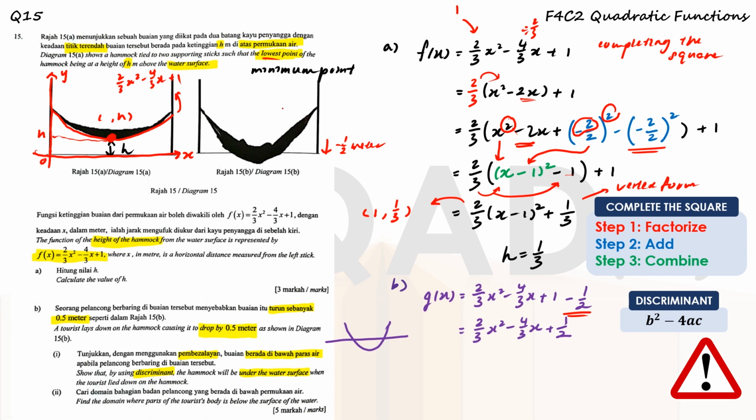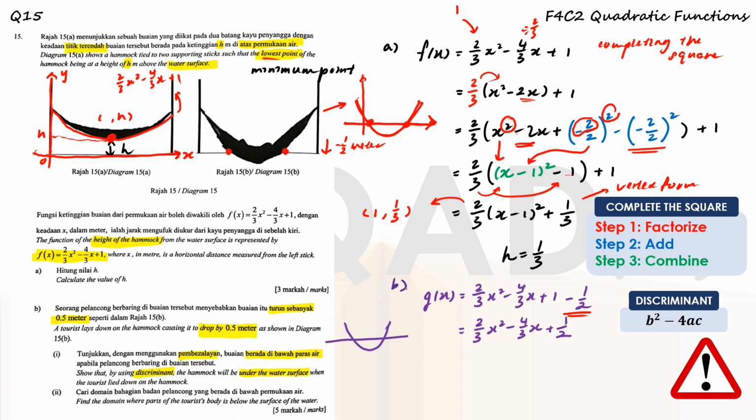Right, so if we view this situation as the x and y axis plane, the hammock now is something like this. We want to check whether this curve intersects the x-axis by 2 points, as you can see from this diagram, 2 points.